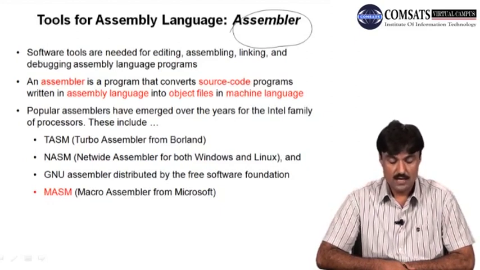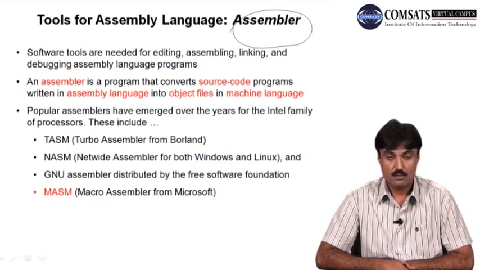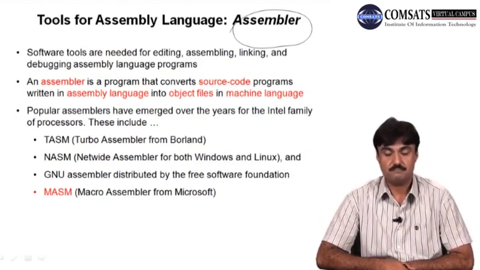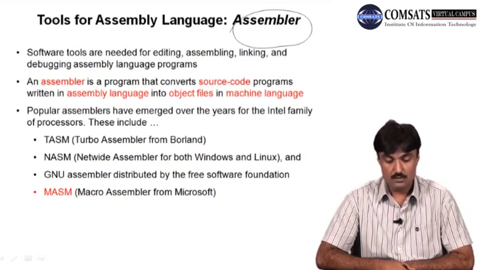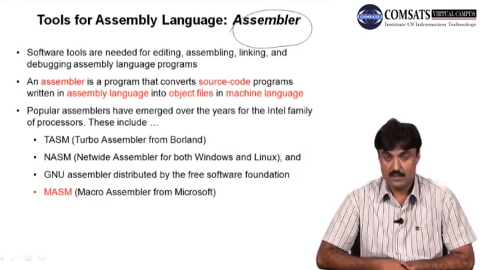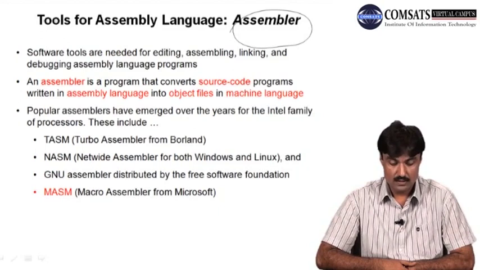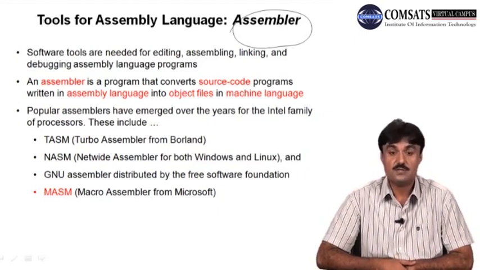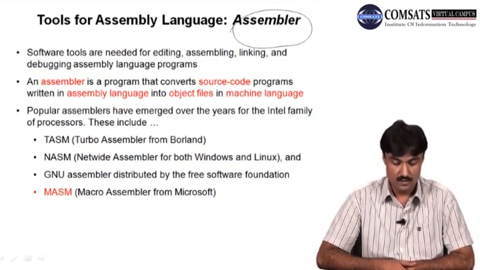There is also one assembler called the Macro Assembler from Microsoft, called MASM. We can use either Turbo Assembler or Macro Assembler. It depends on your convenience which one is best. We will use mostly Macro Assembler, and sometimes I will give you an introduction to the Turbo Assembler and so on.